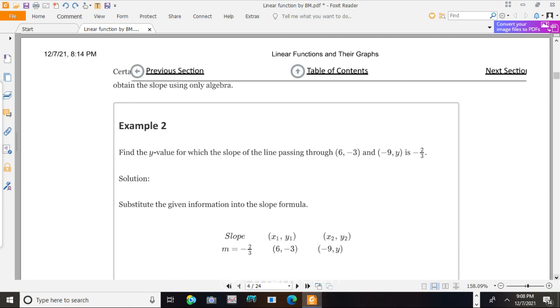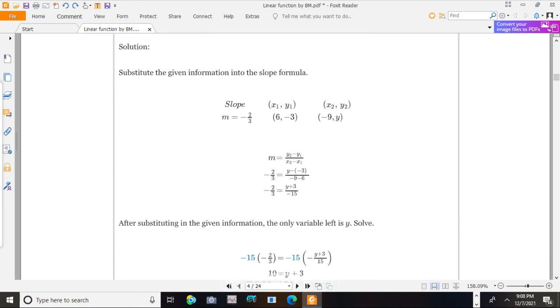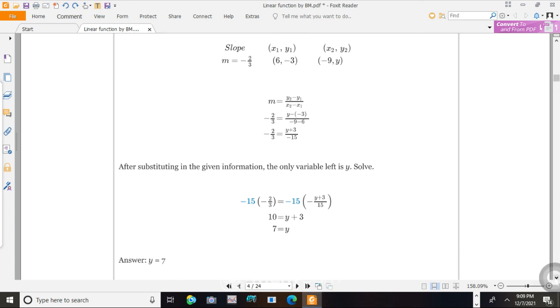Substitute into m = (y2 - y1)/(x2 - x1). Instead of m, substitute -2/3 = (y + 3)/(-9 - 6), which is -15. After substitution in the given information, the only variable left is y.